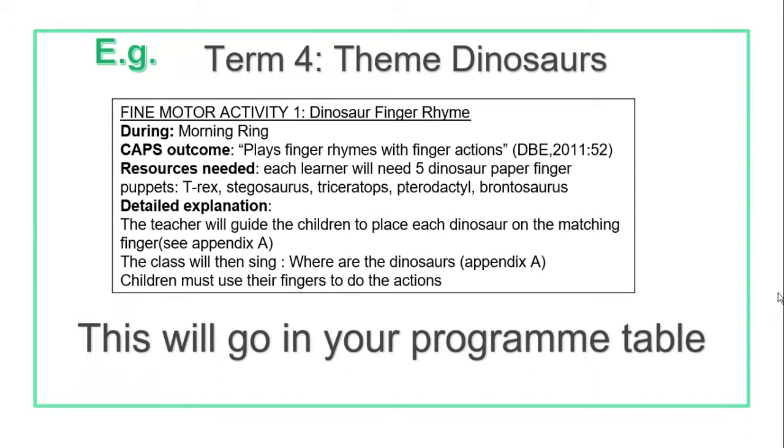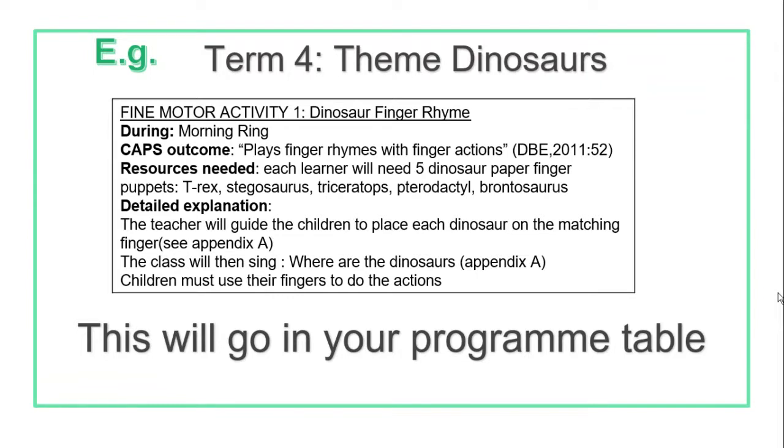It happens during morning ring. Then the CAPS outcome, which you can quote directly from CAPS, and remember to put your in-text reference with your page number. Then the resources needed: each learner will need 5 dinosaur paper finger puppets, and the puppets they need are listed. Then there's a detailed explanation.